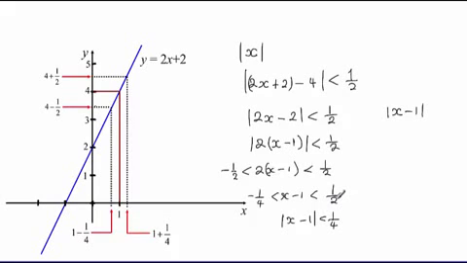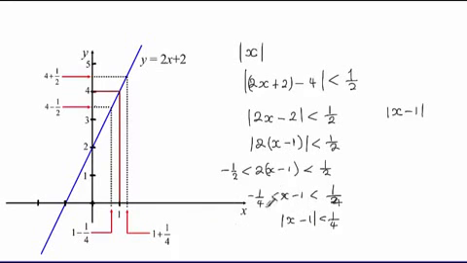Sorry, I said 1/4 but I wrote 2; that should be 1/4. So what does this mean? It means that if we want to guarantee that the value of the function is within a distance of half from 4, then we must take the values of x within a distance less than 1/4 from 1.